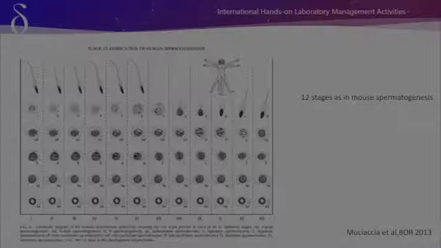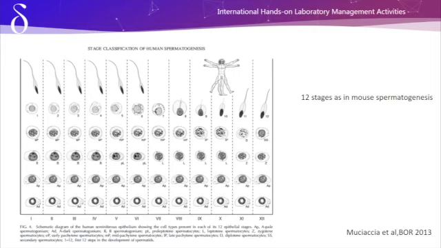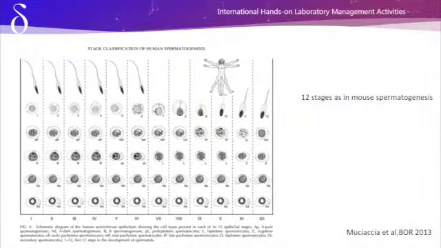And this is thanks to the group of Stefanini and Elena Vicini in Rome. This study is actually very important because it finally defined the number of stages also in humans, demonstrating that they reflected those occurring in many other mammalian species, such as, for instance, the mouse.